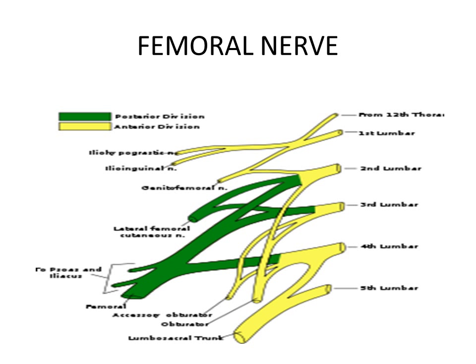Okay, so what about the femoral nerve? Well, let's review the anatomy of the femoral nerve. The femoral nerve is formed from the posterior divisions of L2, L3, and L4.